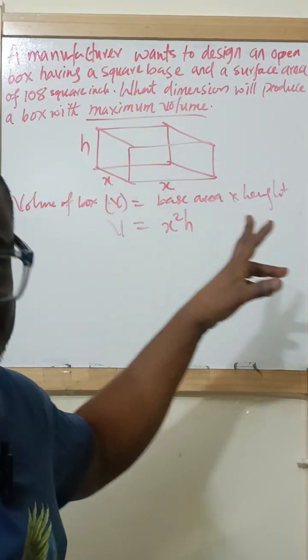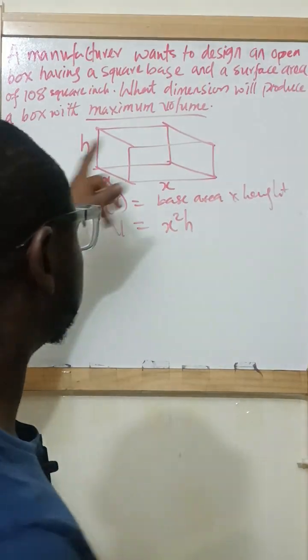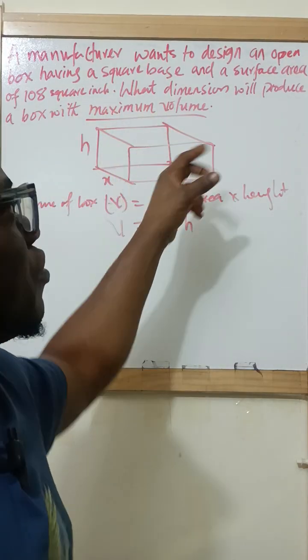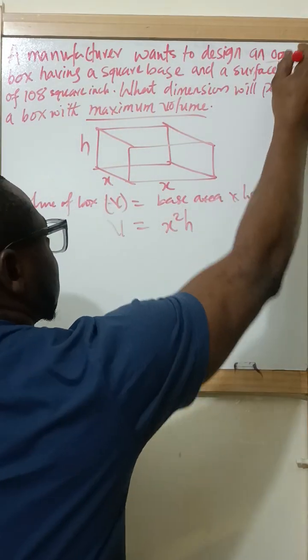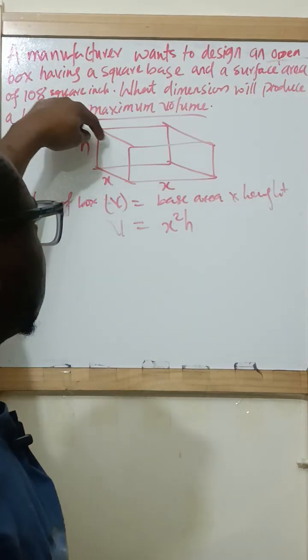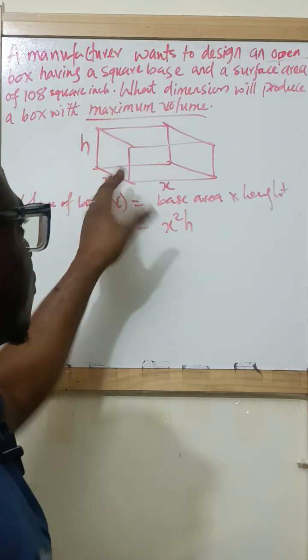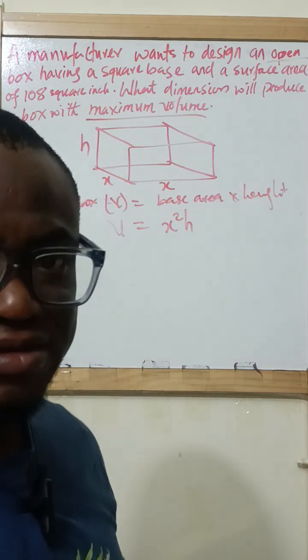And then in the question, we're also told the total surface area of this particular box. Don't forget, it's an open box. So the top is open, but the other sides are closed, and the base. So that's where the areas are.